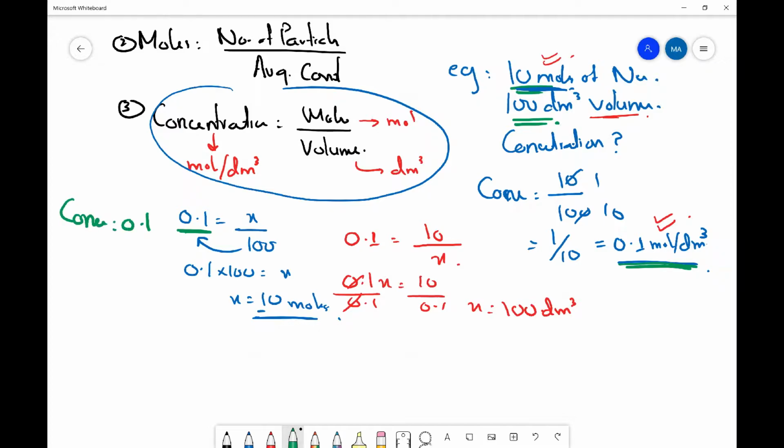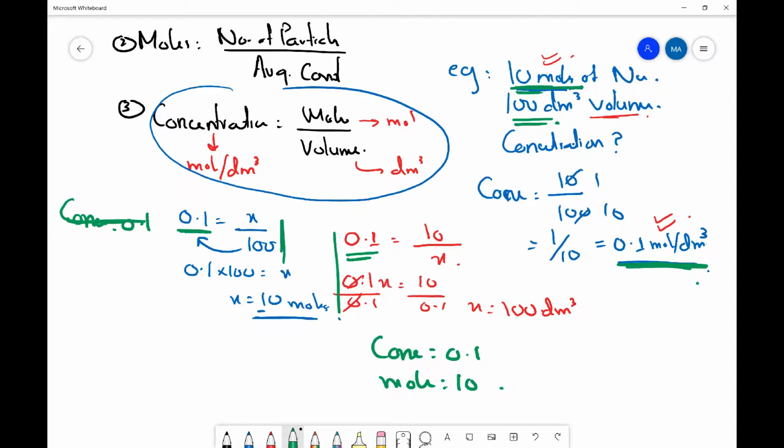You're talking about this one or this third one? No, the one where the volume isn't given, the red one here. Okay, sorry. Yes. So in this case, again, we know the concentration, right? Concentration is 0.1. We know the moles. Moles are 10. See, this is given here, and we're picking up the concentration from this part.